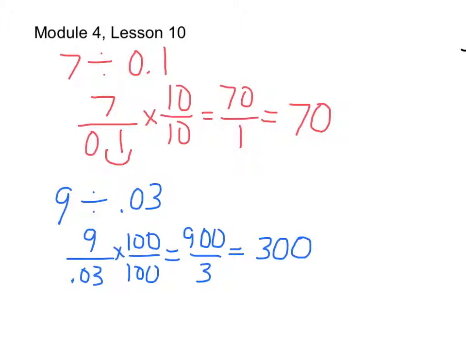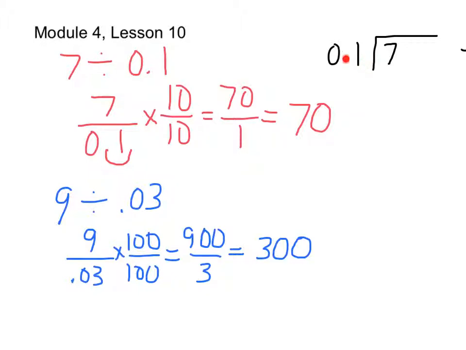But what I really want to show you is how we can do it using the traditional long division notation. So let's rewrite this as 7 divided by 0.1. And I want to do the same thing here. I basically want to get rid of this decimal. I want to move it over so that this becomes a whole number. How many spaces do I need to move it over?